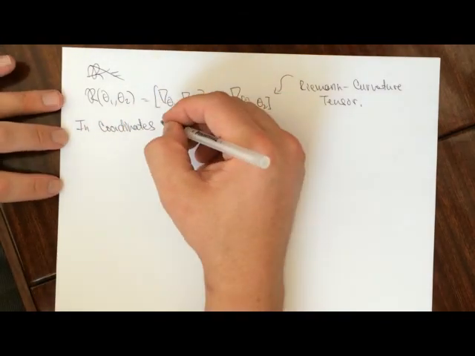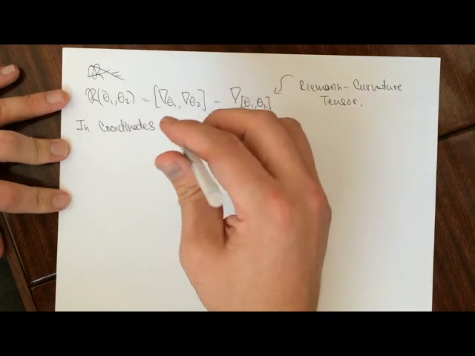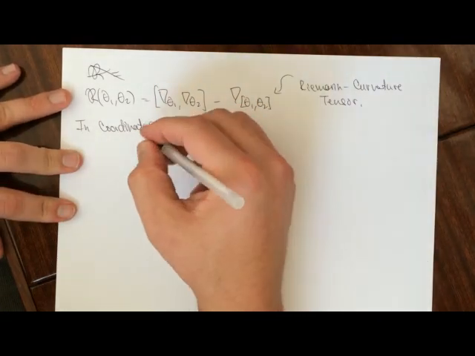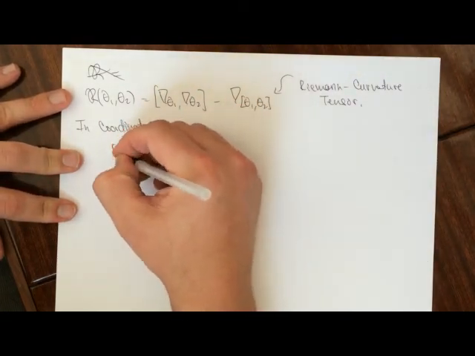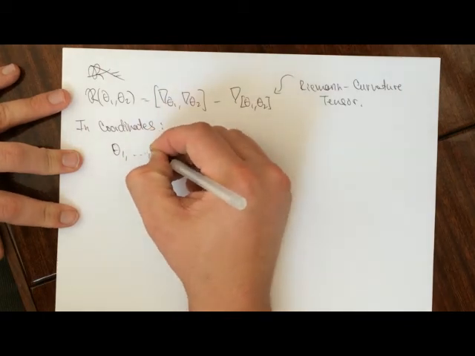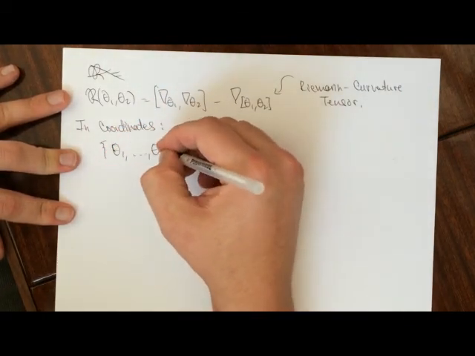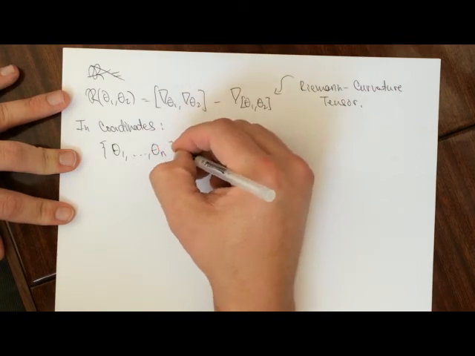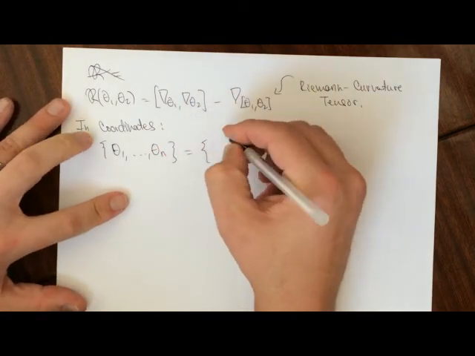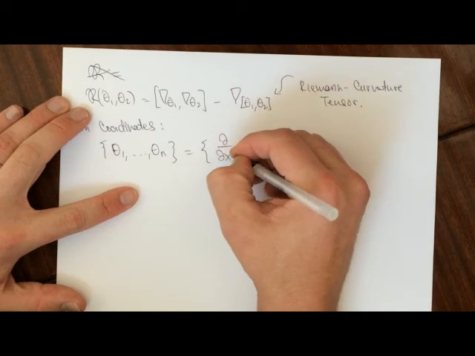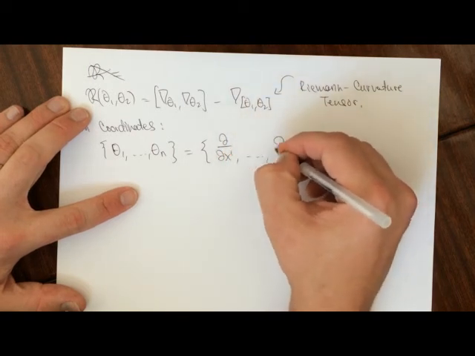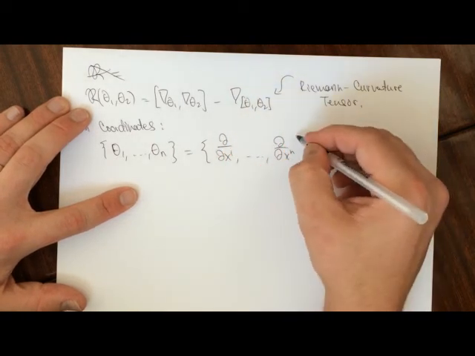So let's take a basis theta_1 through theta_n, up to n, the dimension of our space. Let's say these are d/dx_1 to d/dx_n.